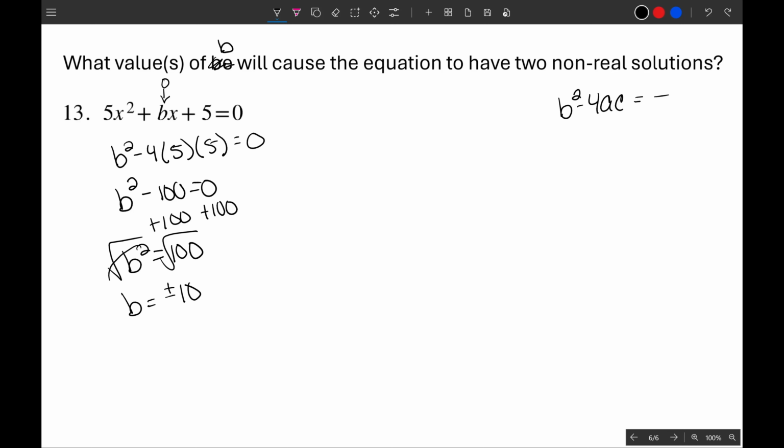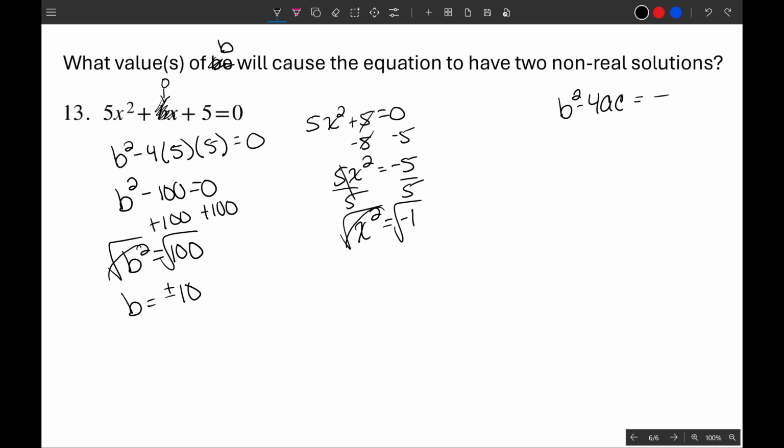Now, if I plug 0 in here, 0 times x is just 0. So now I have 5x squared plus 5 equals 0. If I subtract 5, kind of solve here just to check things out, I would have x squared is equal to negative 1. I would square root that, and then I see that, oh, I'm going to have an i here.